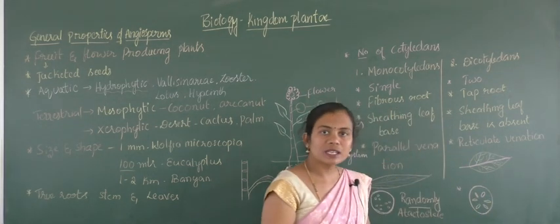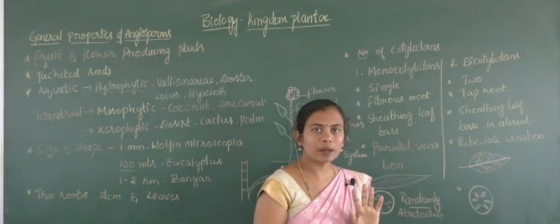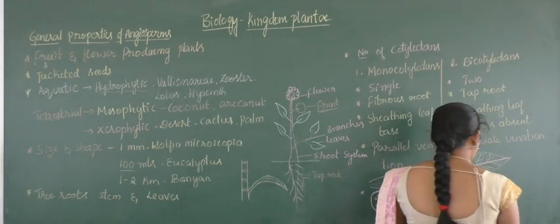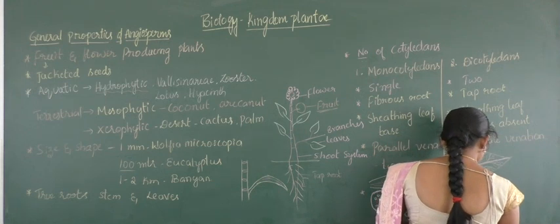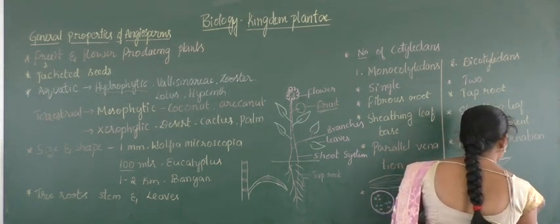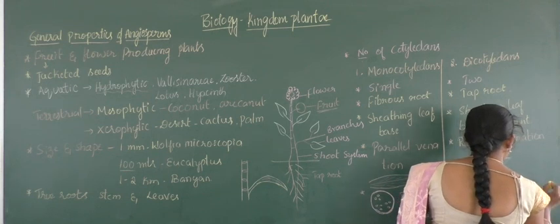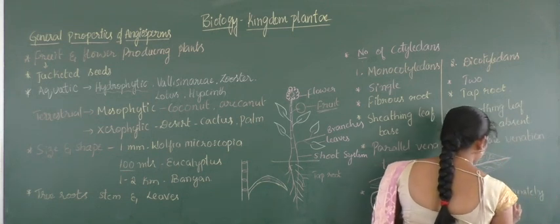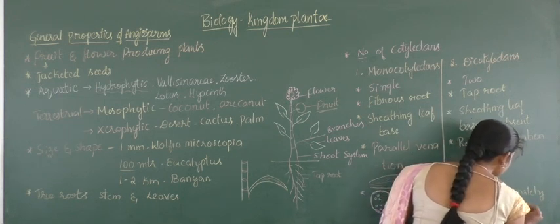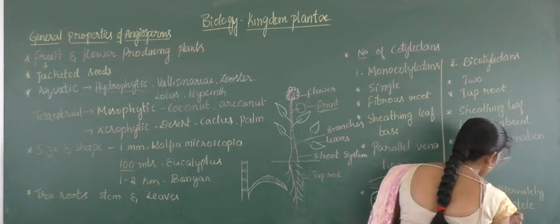Alternately, there will be a presence of xylem and phloem vascular bundles, right? So this type of condition, which is arranged alternately, that stellar condition is called eustele. Eu means true stele will be there.